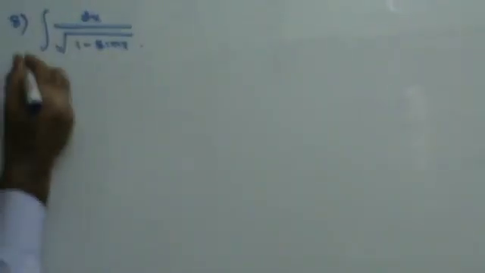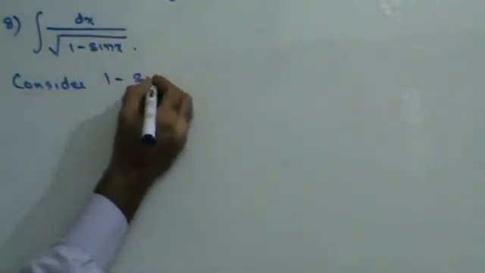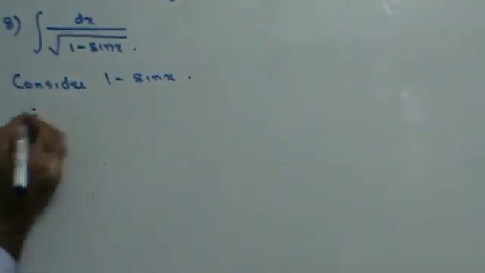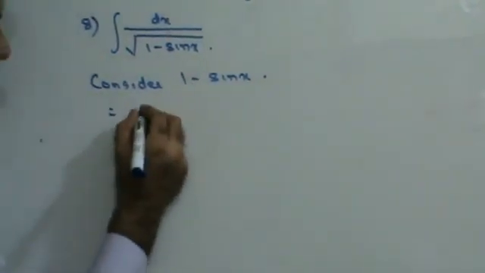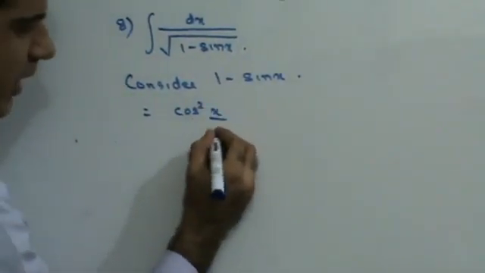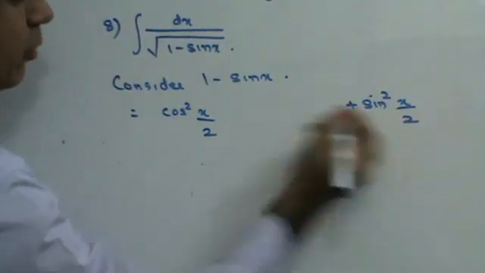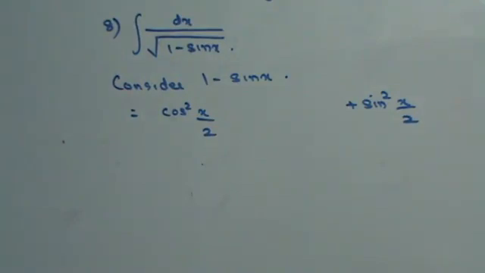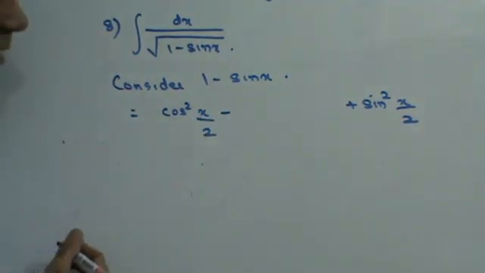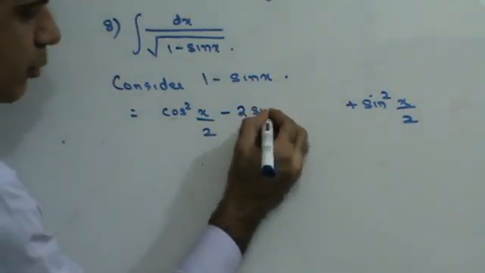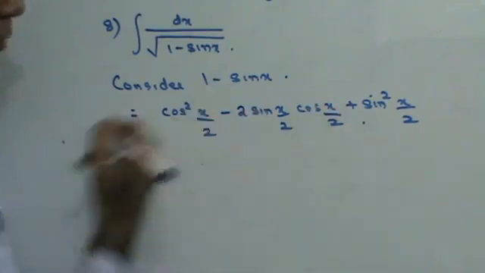Now let's just consider first 1 minus sin x. 1 minus sin x can be written as cos square x by 2 plus sin square x by 2, since cos square theta plus sin square theta is 1, minus sin x, by using the multiple angle formula, can be written as 2 sin x by 2 cos x by 2.